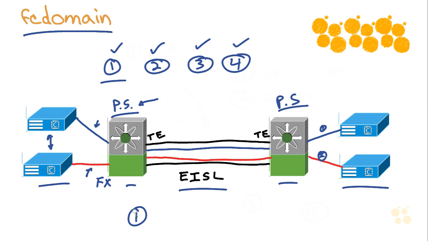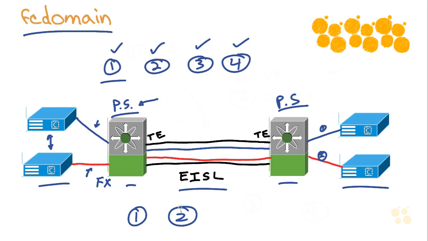A switch with a non-empty domain ID list will have priority over a switch with an empty domain ID list. For a single switch fabric, that particular switch is not going to contain a domain ID list, so the one that does have that list is going to take precedence.